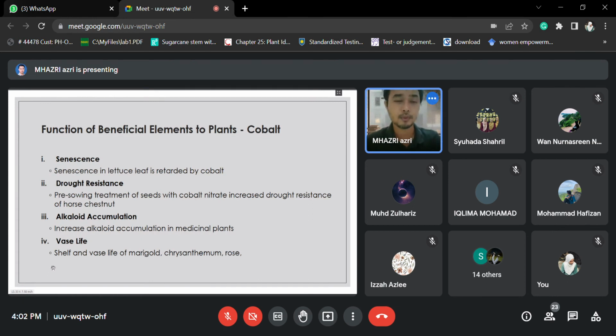So the transportations of these horticultural plants will take sometimes a few days. Okay, so we need to preserve these flower or horticultural plants untuk sentiasa kekal fresh. Okay, so macam mana? Salah satunya kita rawat dengan larutan kobalt ni. Okay, dia akan tahan lebih lama.